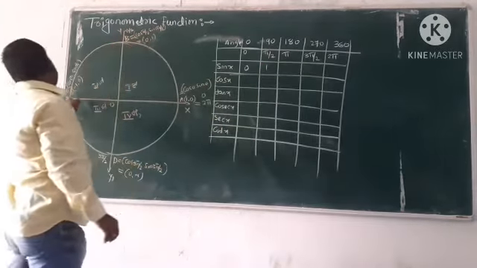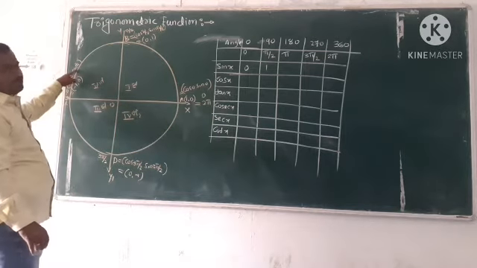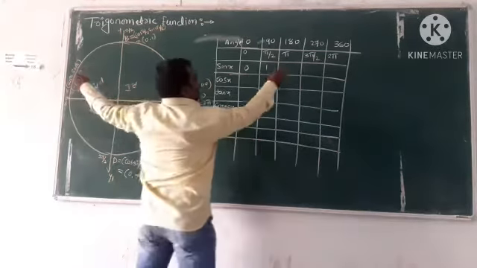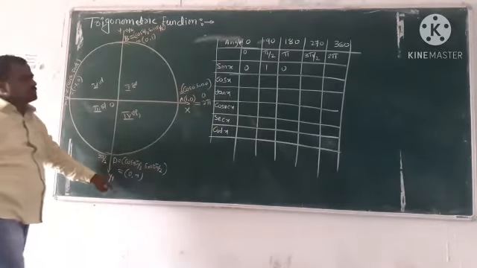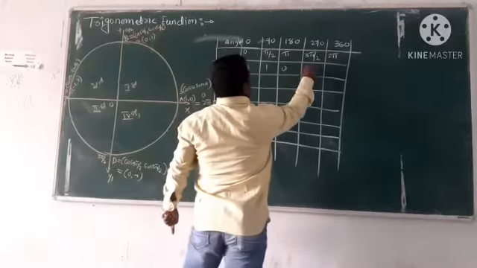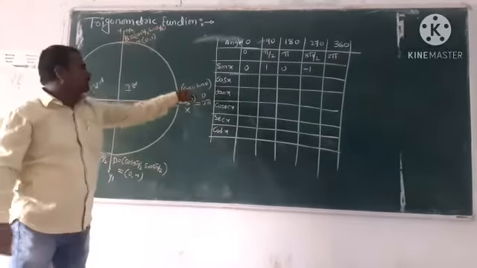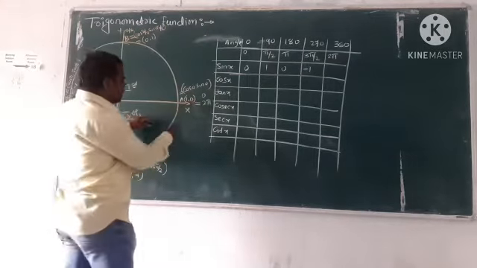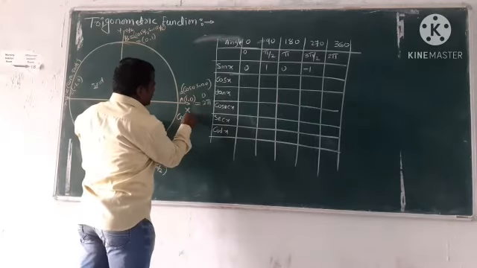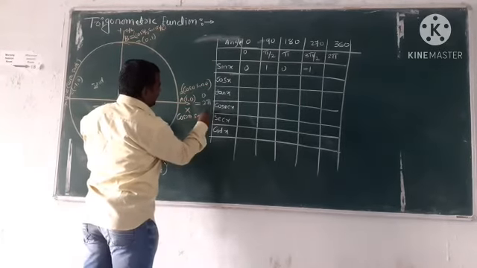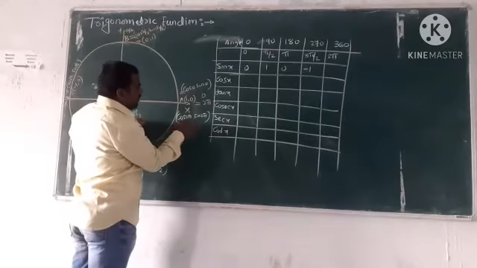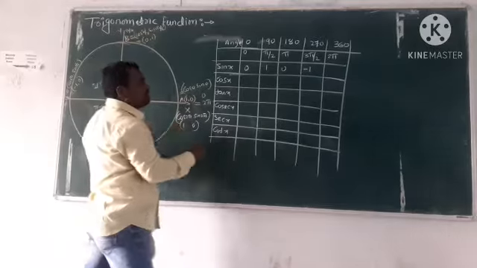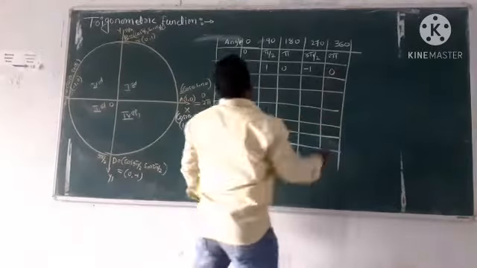Sin pi is 0. Sin 3 pi by 2 is minus 1. Sin 2 pi is 0, and cos 2 pi is 1. Shall I write 0?